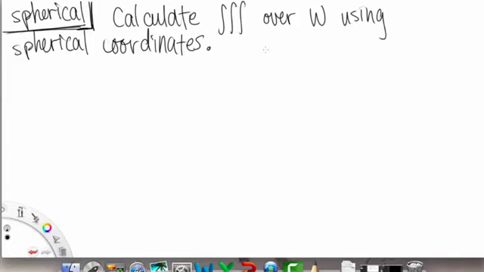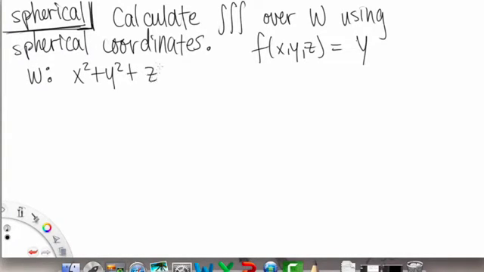Okay, so we're given f of x comma y comma z equals y, and our W, so this is the important part here. Not that f of x, y, z isn't important, but this is the crucial part. W is x squared plus y squared plus z squared is less than or equal to 1.